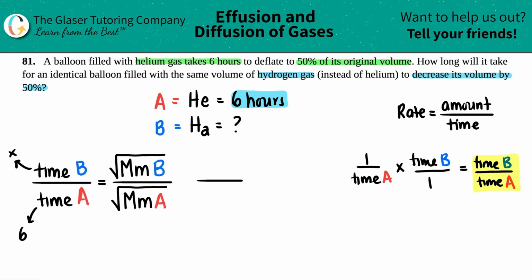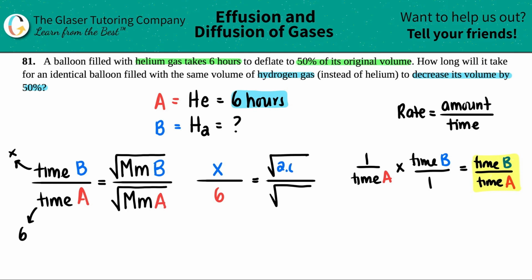It's going to be this equals this, X. So X divided by 6 equals both square roots, right? And now B's on the top. B was H2, so I have to take that into consideration. So 1.008 times 2, 2.016.